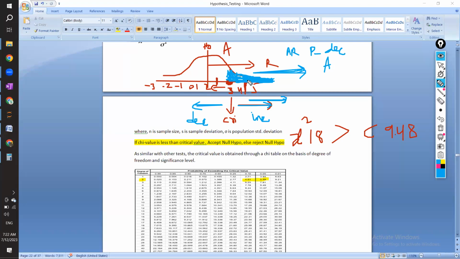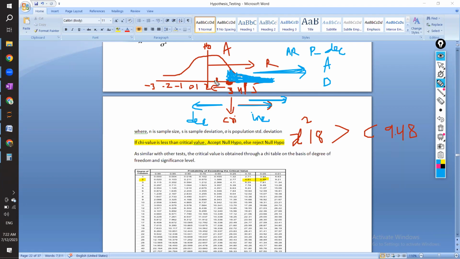As I move towards my null hypothesis, my area is increasing. As I move away from the null hypothesis, my area is decreasing. That is one thing. But the test statistic is not area, it is a value on the x-axis.